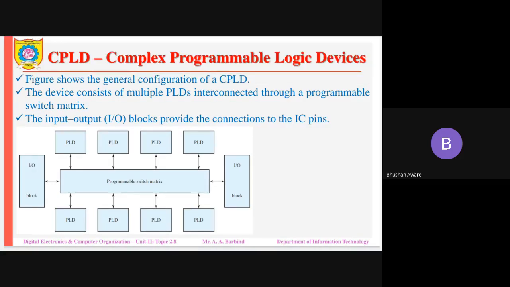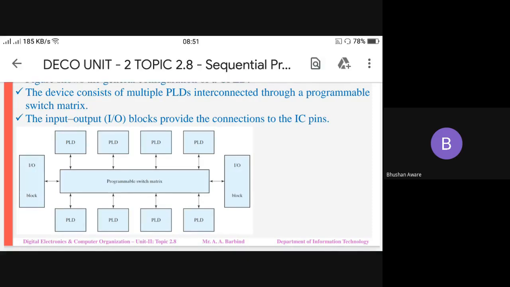In this you can see that there are IO blocks, at the left corner and on the right part. These IO blocks are nothing but the input and output blocks which are provided for the connection to the IC.